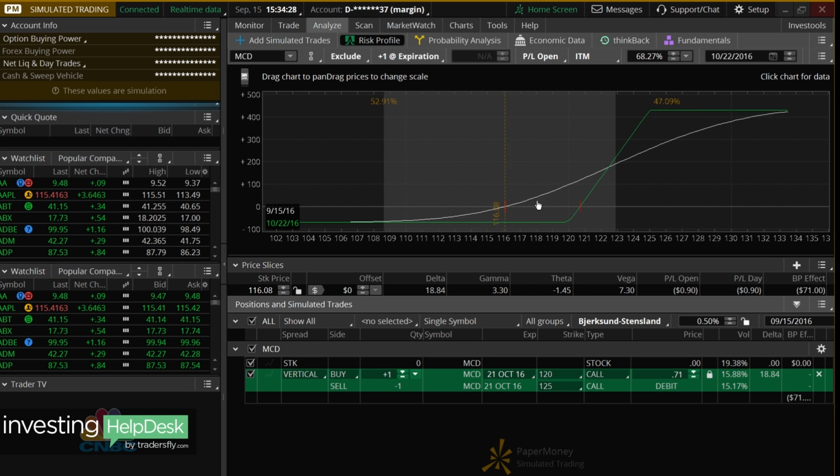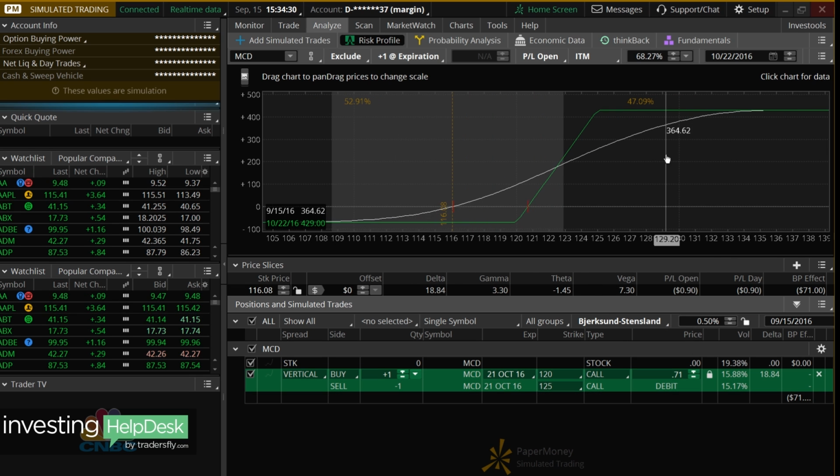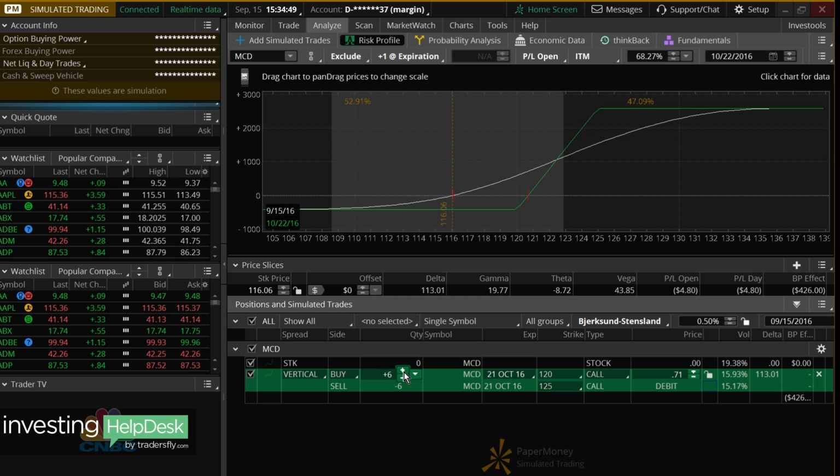So you can see here on this vertical, I'm maxing my profits at $430, and my max loss is $71, which you can see by this box over here. As I move my mouse, you can see that changes. Here I could also put on this vertical trade, and I can stack however many contracts I want.